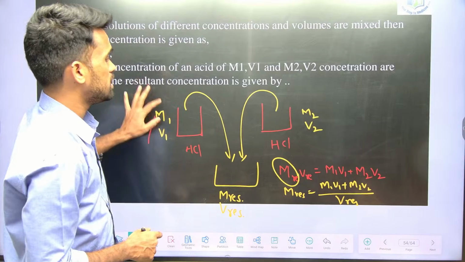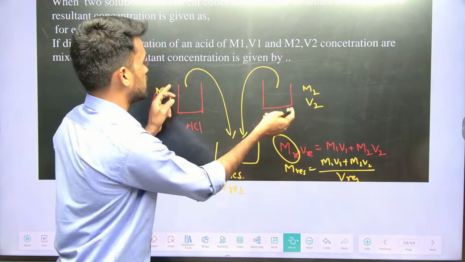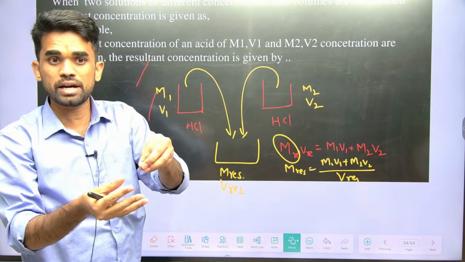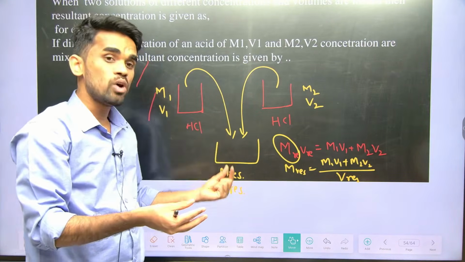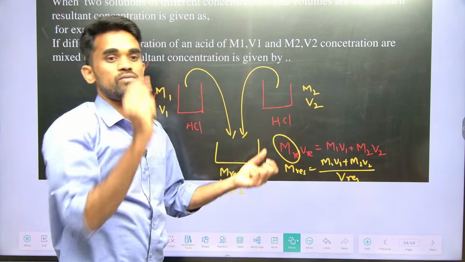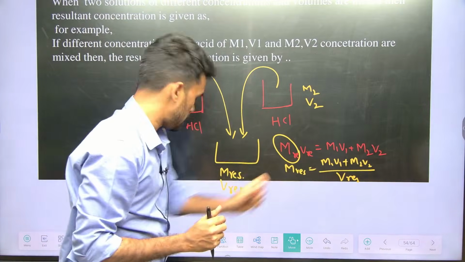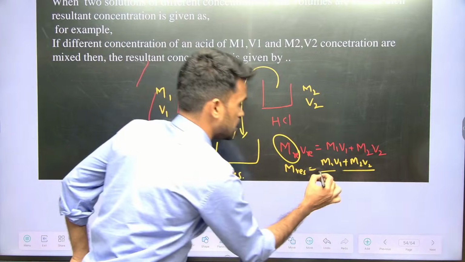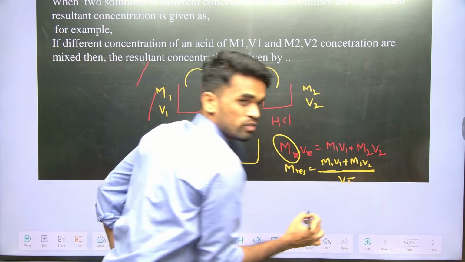Along with these two solutions, now I am adding some quantity of water also. So it means volume will be not only V1 plus V2, but whatever the quantity of water we have added. So in the denominator, V resultant becomes now V total. So what do we mean by V total?